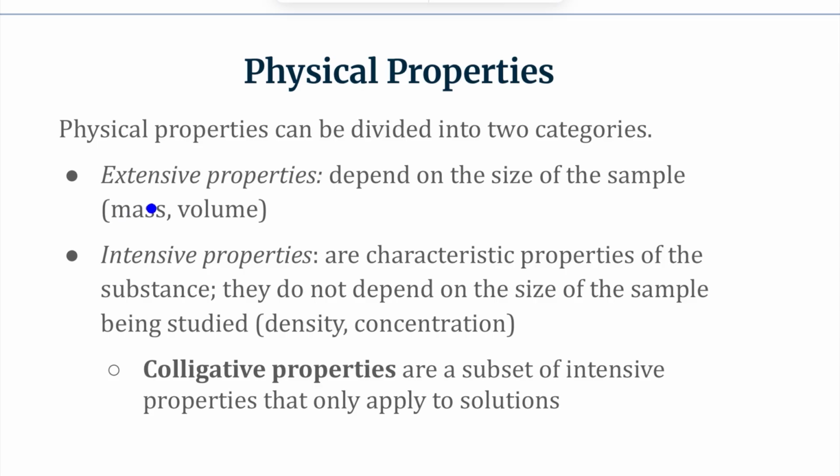You don't need that whole sample to determine those things. And a subset of intensive properties, so that don't depend on the size of a sample, are colligative properties. And colligative properties only apply to solutions.